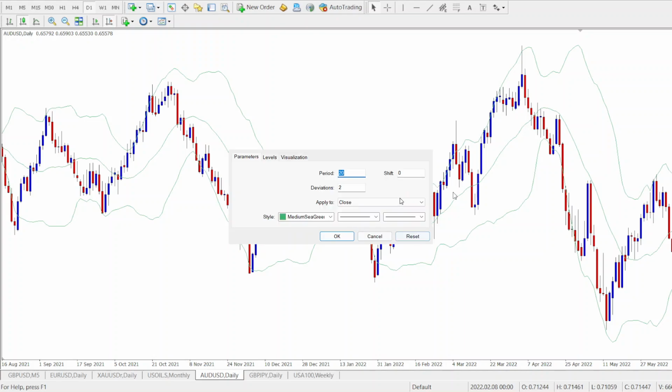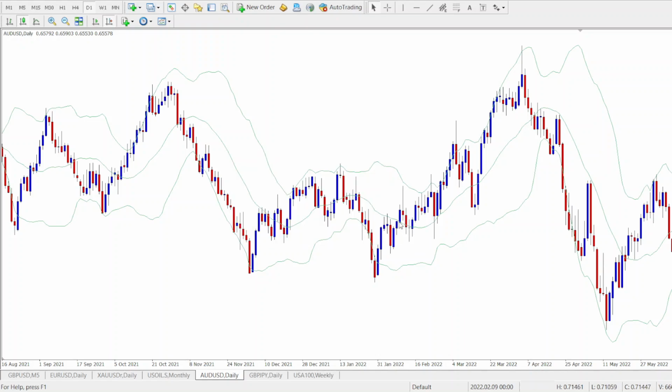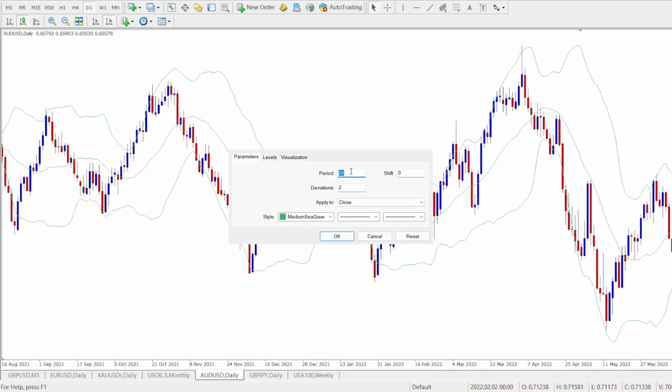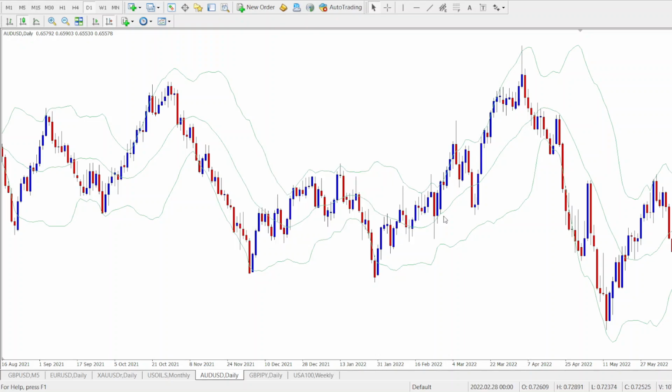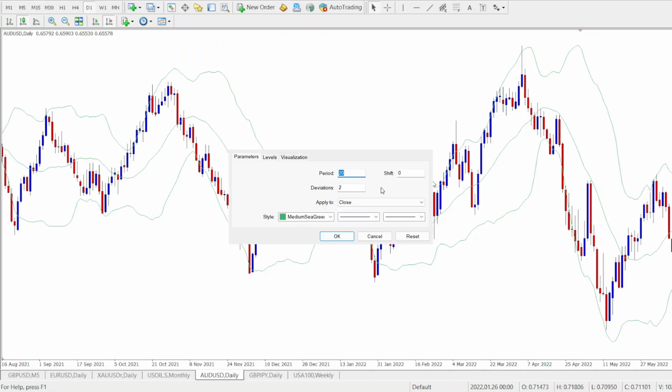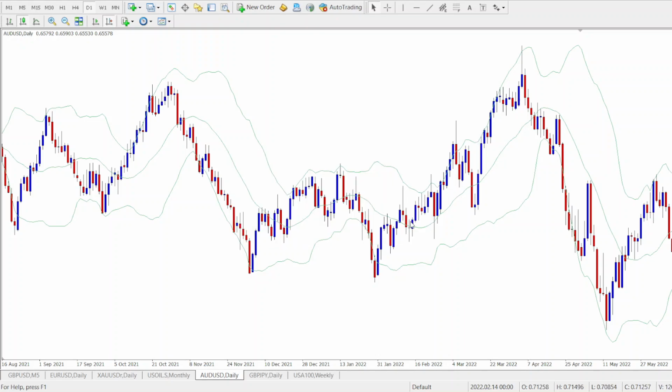As we can see, let us go to the settings. Can we see the deviations here is set to 2? This is the default setting. If you want to modify it, you can modify it according to your taste, but the default setting is 2. While the simple moving average is set to period 20 in the default settings, the upper and lower bands are set to two standard deviations from the SMA.